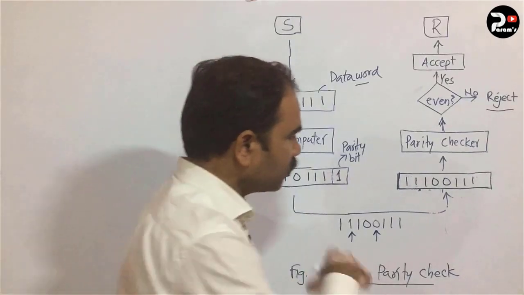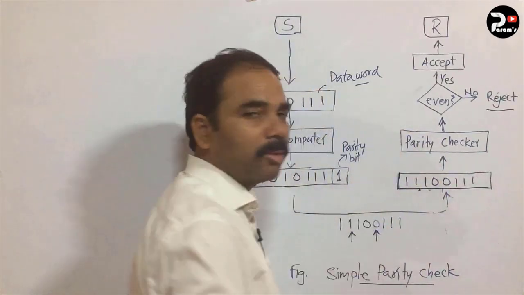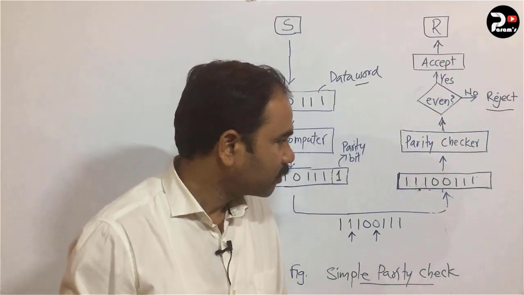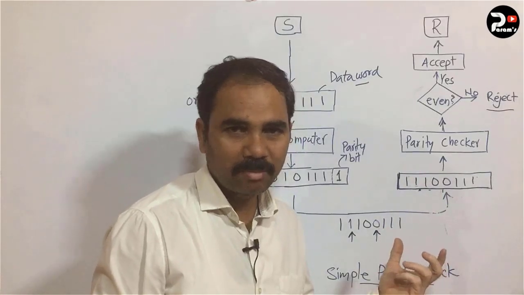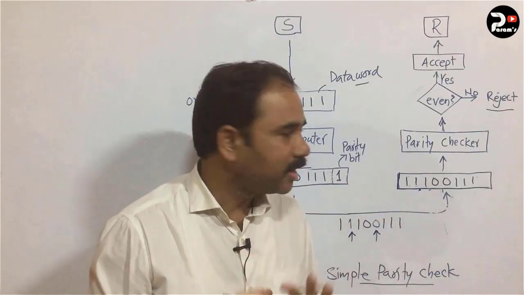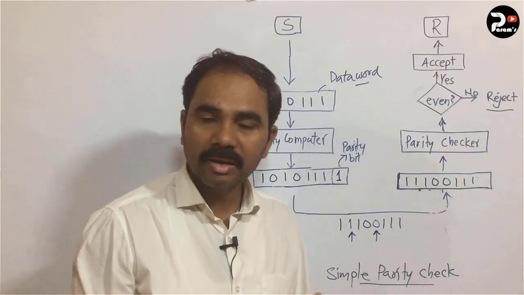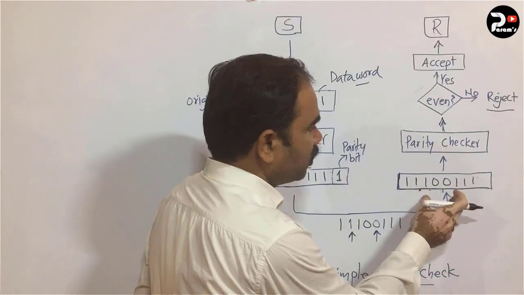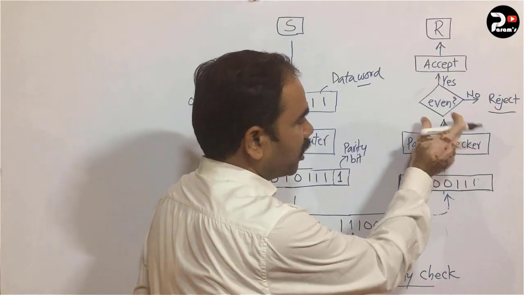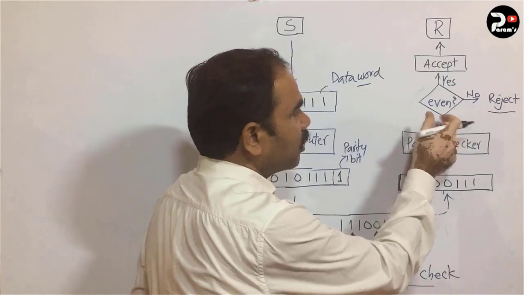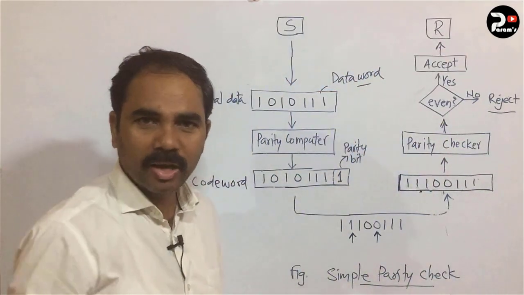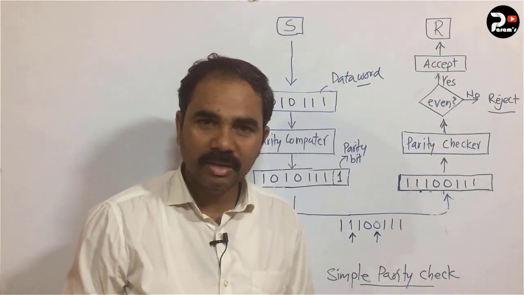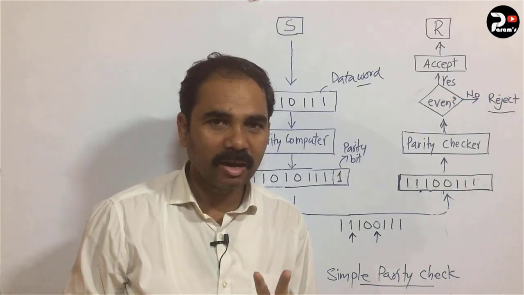When the receiver receives this data, it is given to a parity checker. The parity checker will check the parity. As there are 6 ones, the parity is even, and as the parity is even, the receiver will incorrectly accept the data. Try to understand, as the parity of this data unit is even, and this mechanism says when the parity is even, it should be accepted, assuming that there is no error. So we say the simple parity check method fails to detect an error when 2 bits are in error.